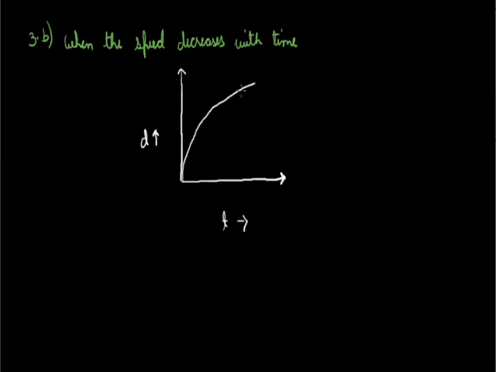Again, if we mark two points in this graph, that is A and B, and we calculate the slope at these two respective points, that is slope of A and slope of B, we will observe that the slope of B is greater than the slope of A. So by this graph we can evaluate that the speed decreases with time.